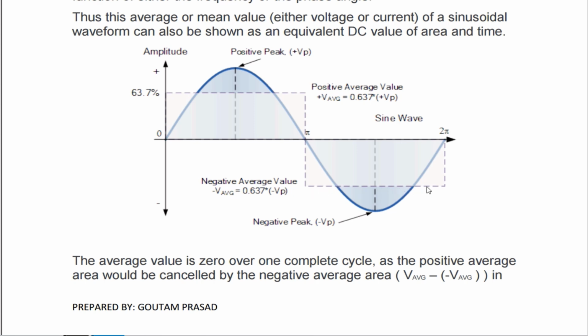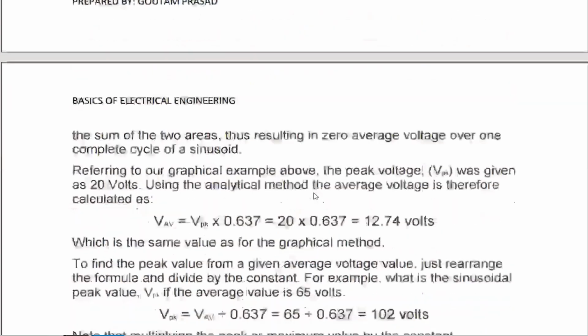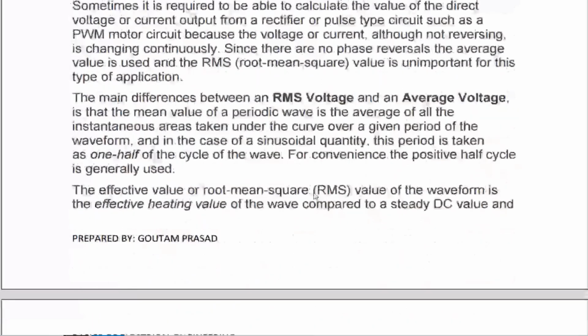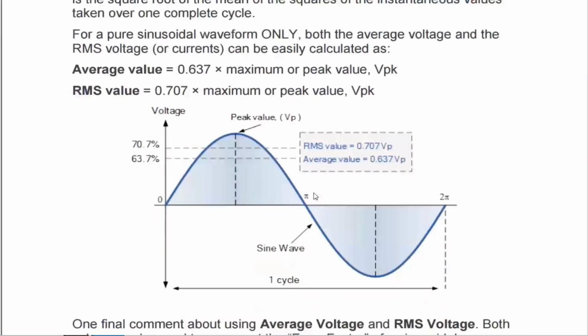Obviously, for the negative half cycle, if you sum up the different divisions as we have done for the positive half cycle, you will get a negative value. So we have a negative peak, a positive peak, and negative average value, and a positive average value. All right. So these are all for the analysis purpose, how this AC wave is behaving.